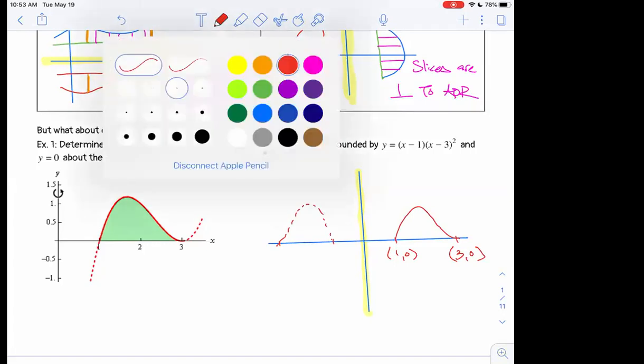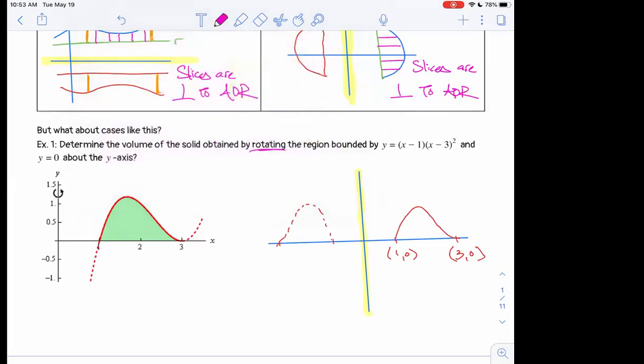But if I want to use washer method or disk method, should my lines be parallel to the x-axis, or parallel to the y-axis, or perpendicular to the y-axis? Perpendicular. Perpendicular, right? We just said that slices are going to have to be perpendicular to that axis of revolution.